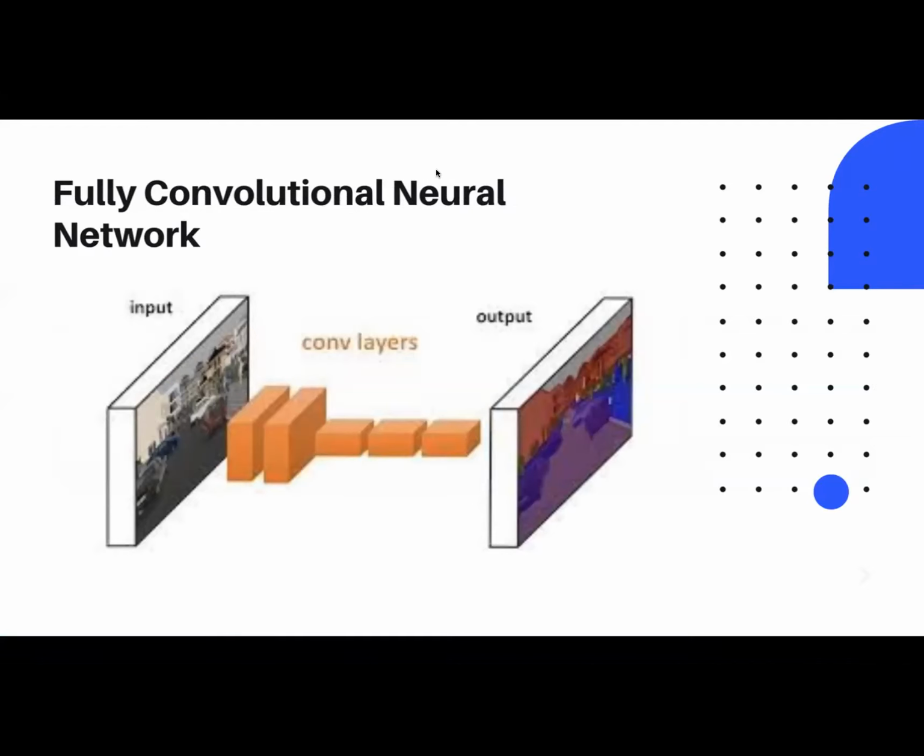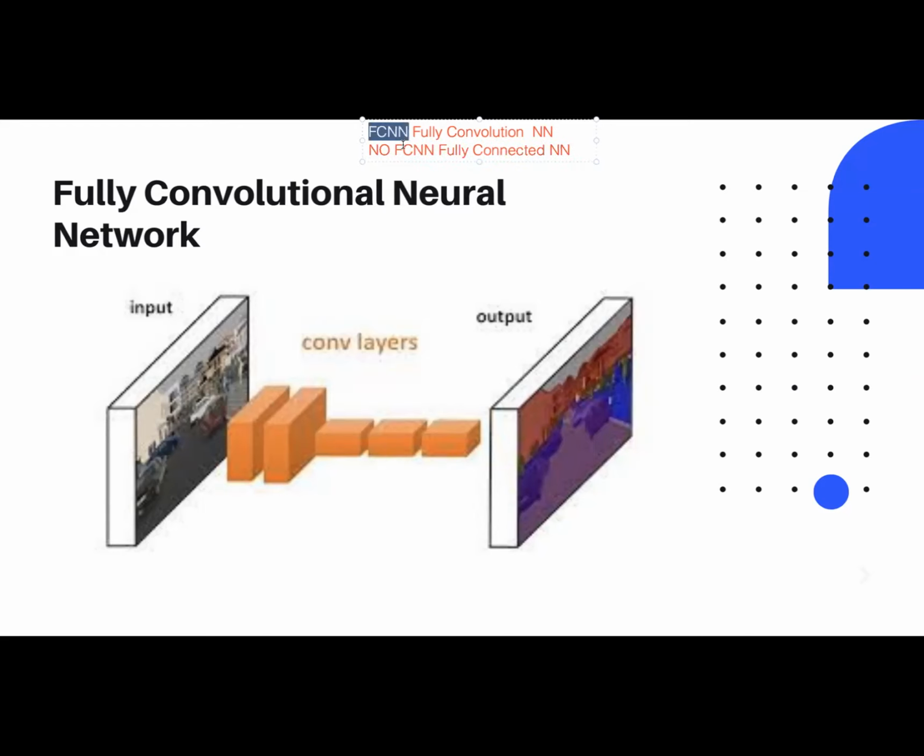Weirdly enough, the FCNN, or fully convolutional neural network, has an obligation that there is no FCNN in it, which is fully connected neural network, right? So the fully convolutional neural network is just a CNN that has an obligation of no fully connected neural networks.